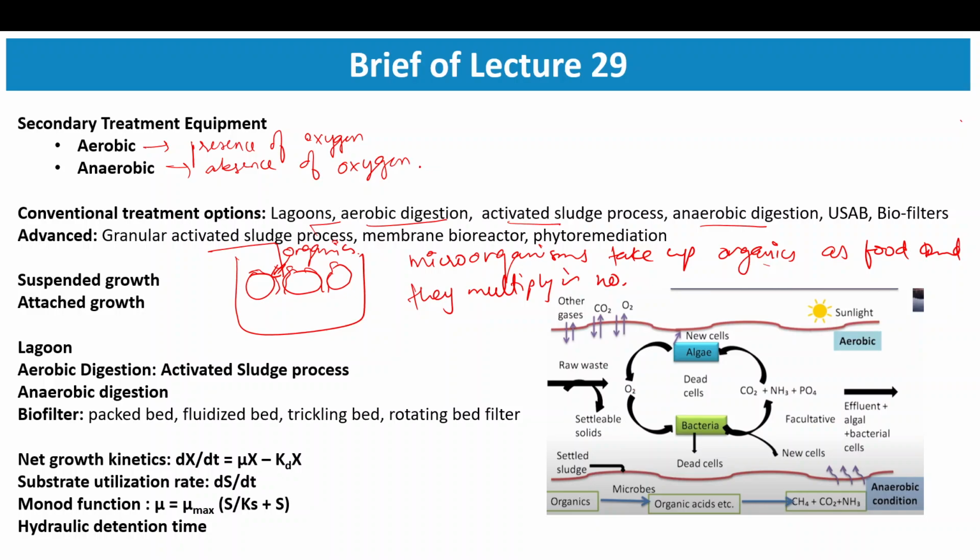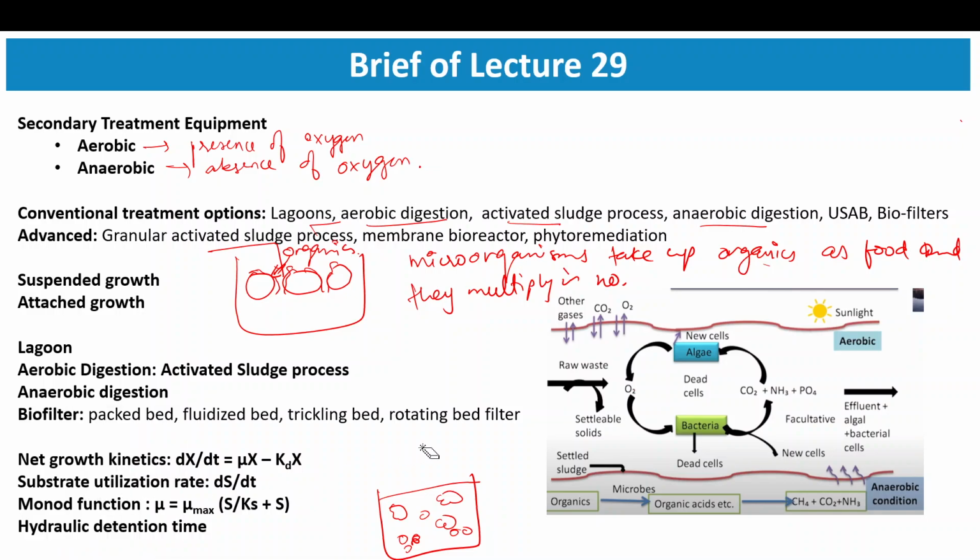And there can be suspended growth, where for example this is the tank, and the microorganisms are present randomly at each point throughout the tank.